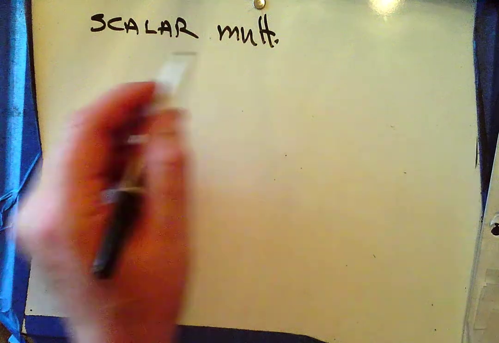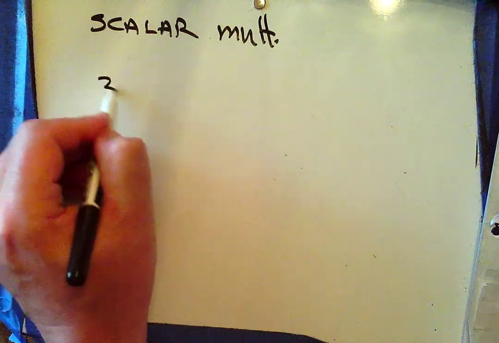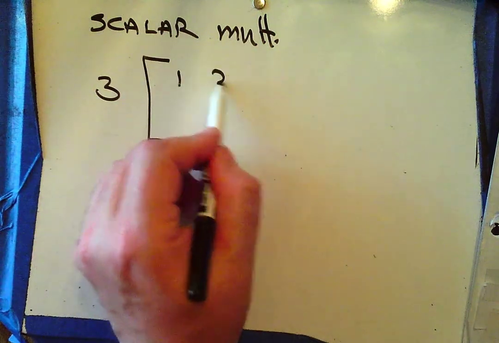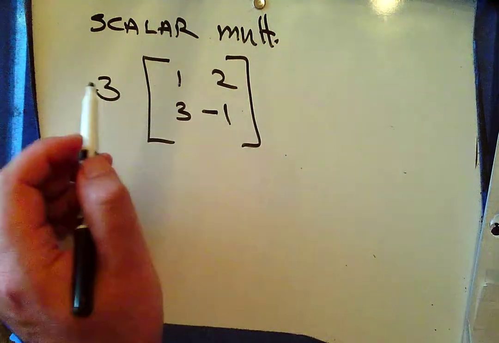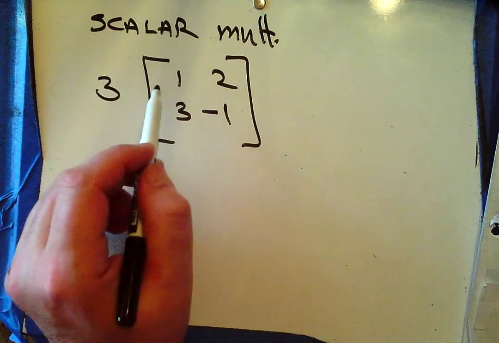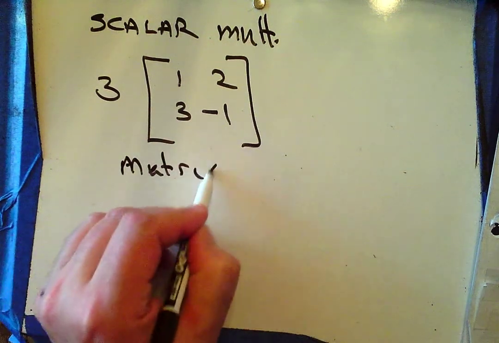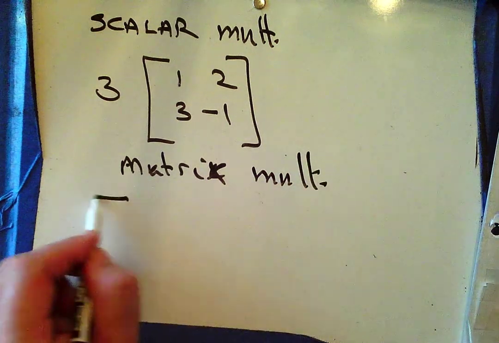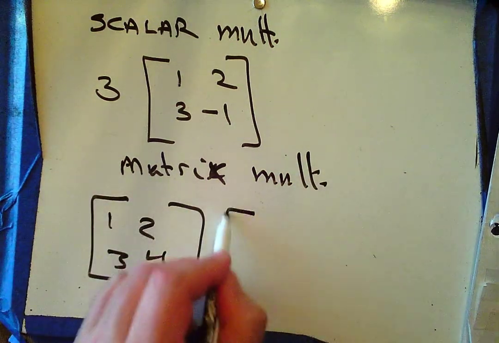So scalar multiplication is where I take a constant and multiply it times the matrix, as opposed to matrix multiplication, which is where I multiply two matrices together.